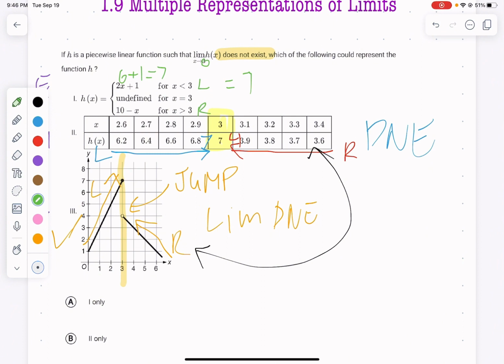And 10 minus 3 from the right is also 7. Because these limits equal each other, 7 equals 7, the limit does exist. This is wrong because it's asking for the limit as x approaches 3 to not exist. It's easy for people to say that because it's undefined at x equals 3. But when it's undefined, it just means there is no functional value at x equals 3. There is still a limit that exists.